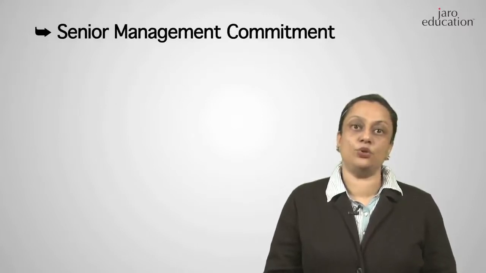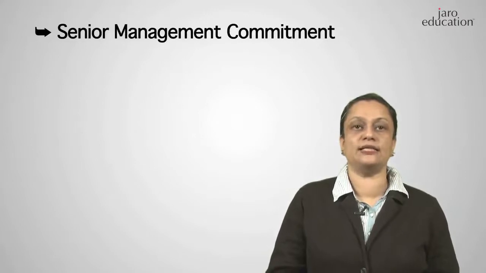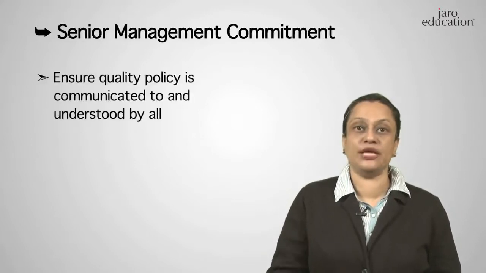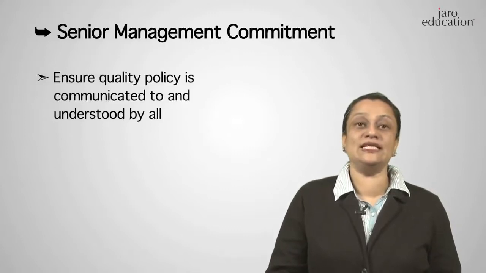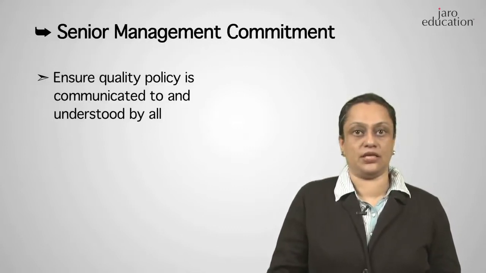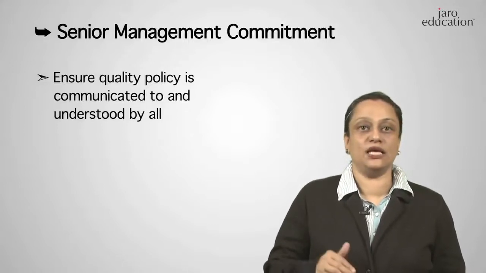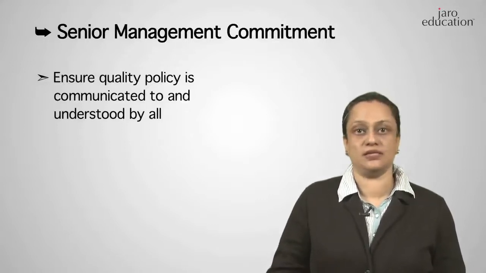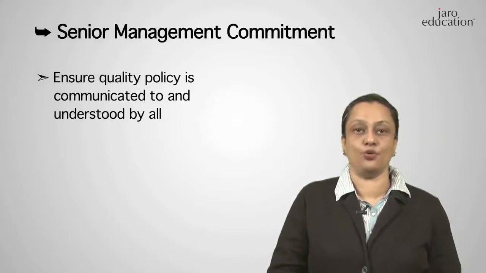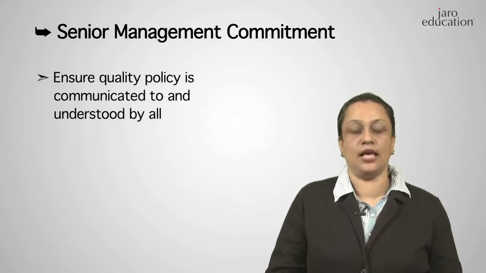The senior management also has to ensure that the quality policy is communicated to everybody in the organization, and more importantly, that it is understood by everybody in the organization. More importantly, it is something that everybody uses or implements in the organization. It's not enough to know and understand, but you have to live that policy as well, and senior management has to ensure that happens.